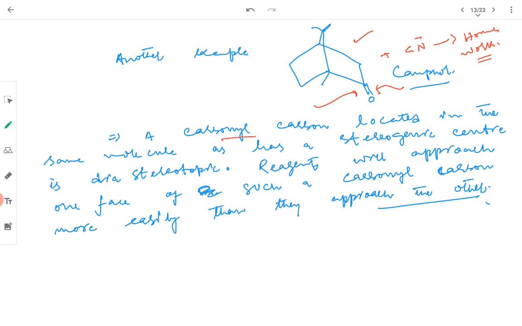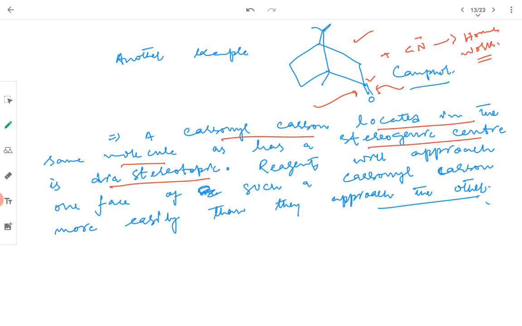So a carbonyl carbon located in the same molecule as a stereogenic center is diastereotopic. This carbonyl carbon here is said to be diastereotopic because it is present in a molecule which already has a stereogenic center.